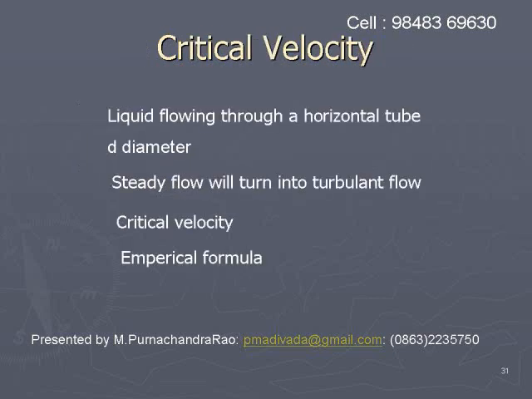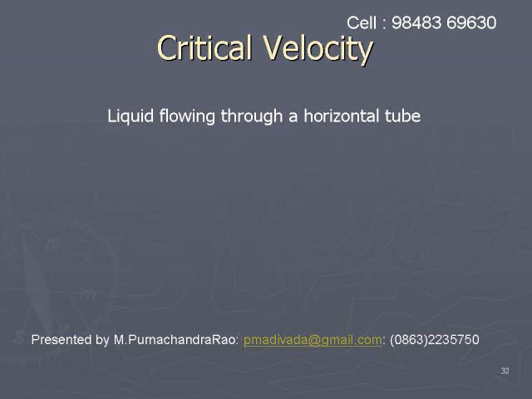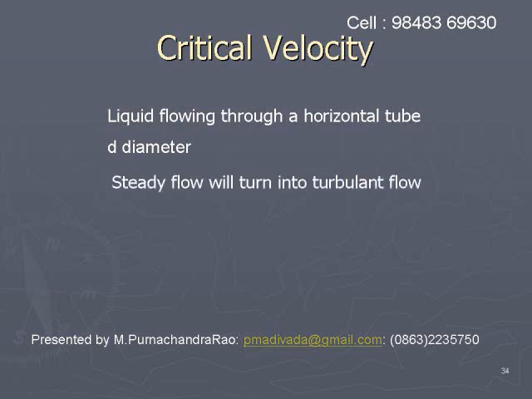When a liquid is flowing in a horizontal pipe of diameter d, as its velocity increases, at one particular velocity the steady state will turn into a turbulent flow.